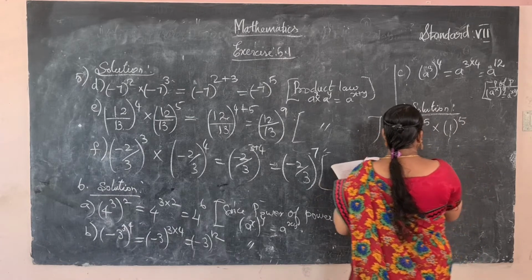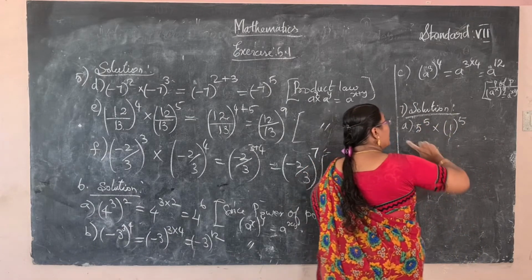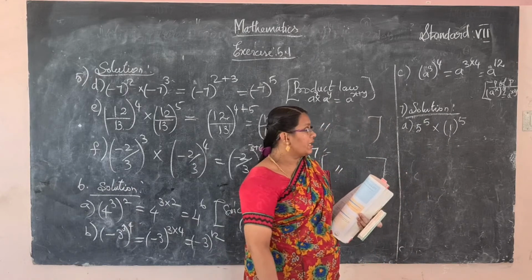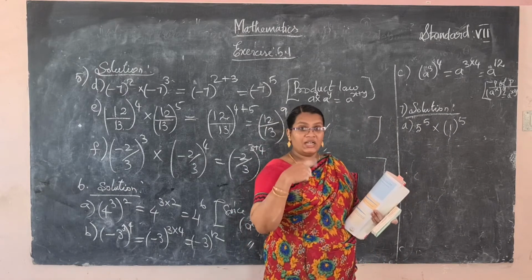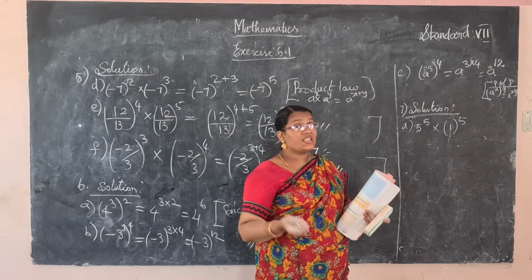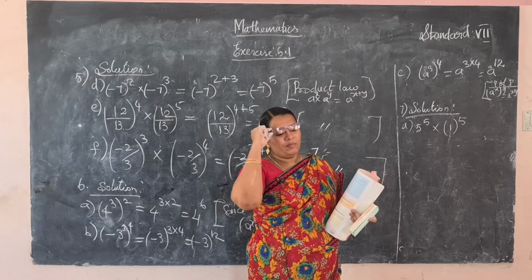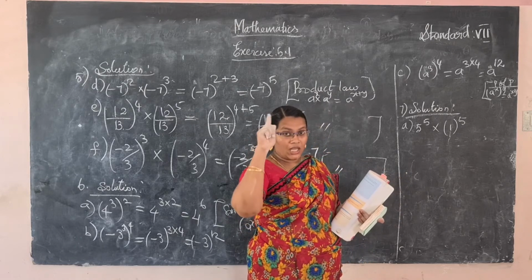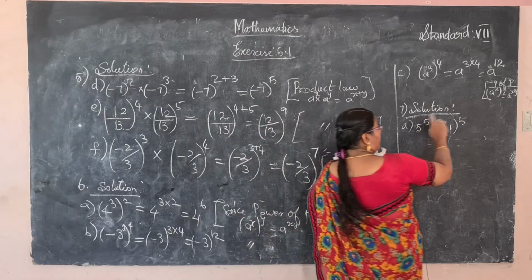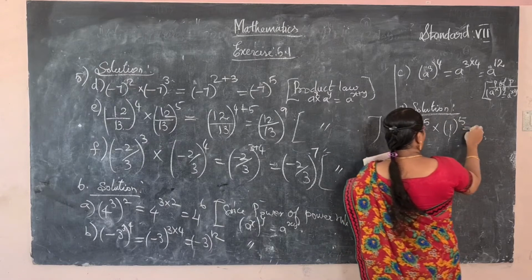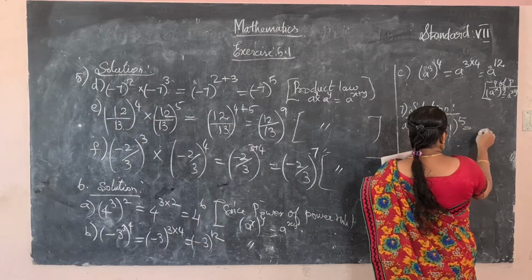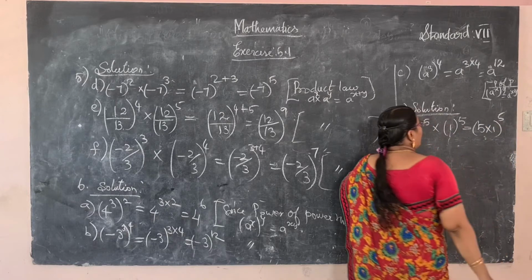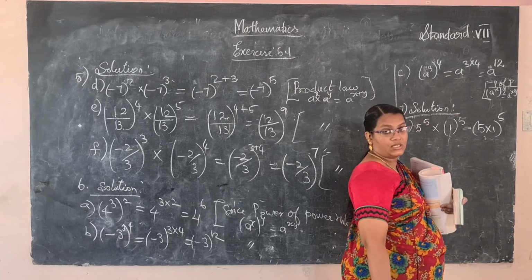Here also we have applied the laws. Which law? The bases are different, the powers are same. The seventh law, multiply or divide with the same exponent. So exponents are same, so what do we do? Multiply the bases. So 5 into 1 is the base value, the exponent is 5.